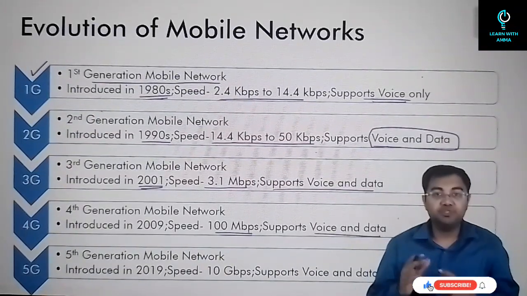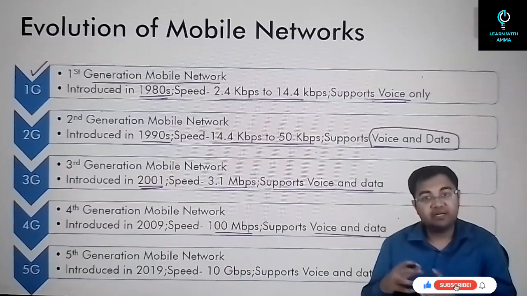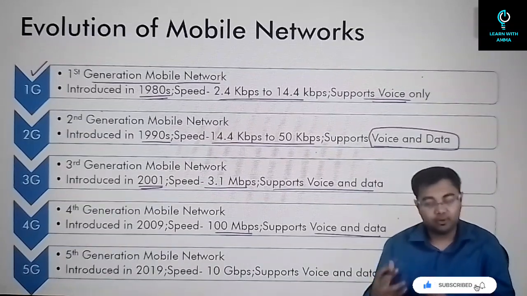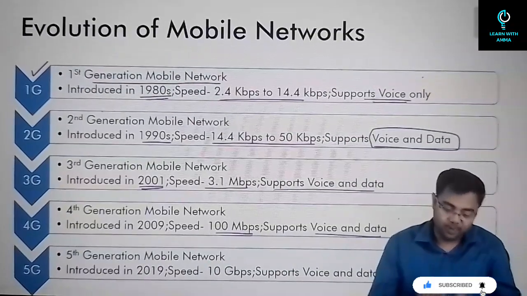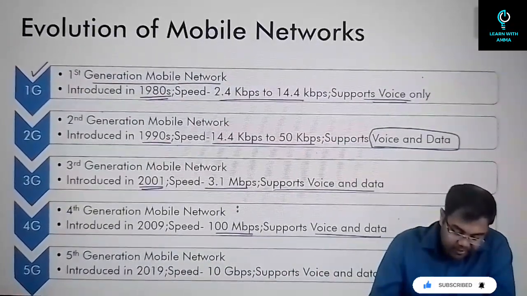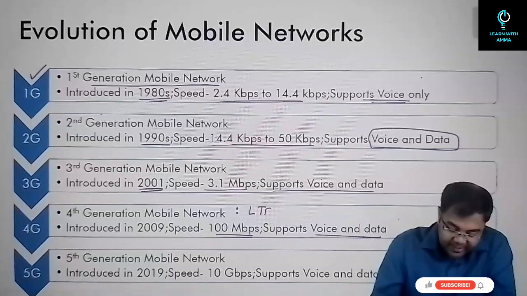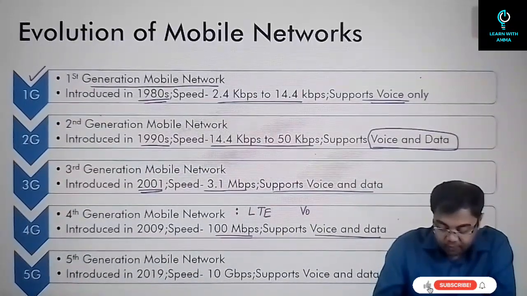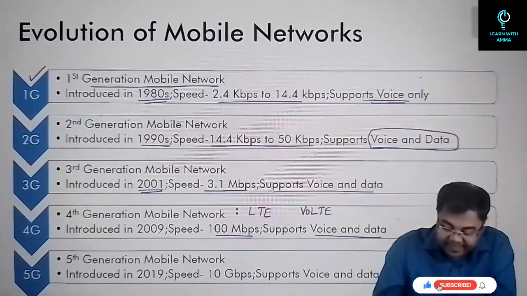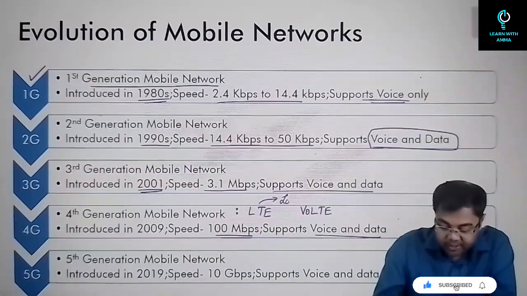When it comes to 4G, there are two types of technologies over which 4G has been built. One is called LTE and the second is called VoLTE. LTE stands for long term evolution.